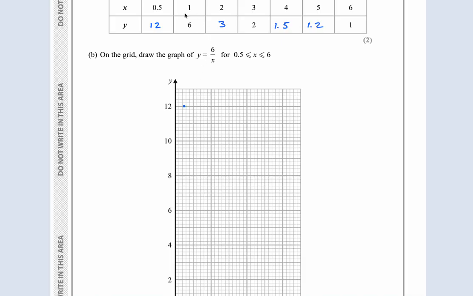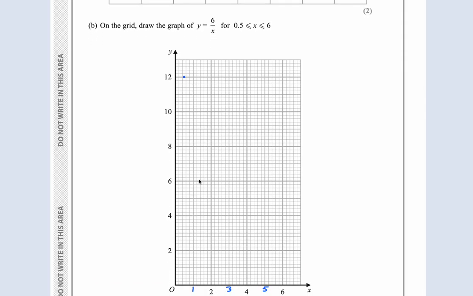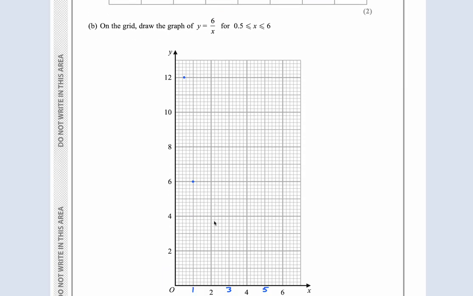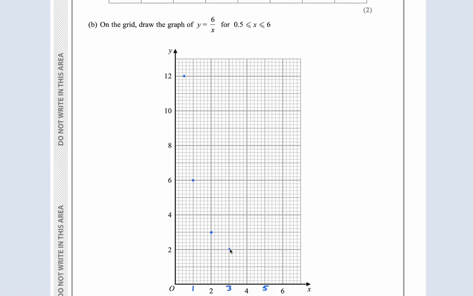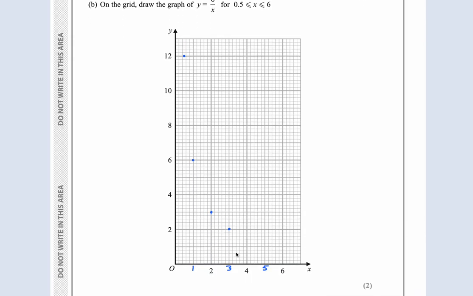Okay, 1, 6 is going to be here. I go to 1 and then 6. 2, 3 is there. 3, 2 here. 4, 1.5.